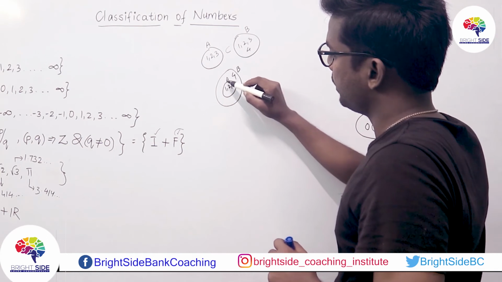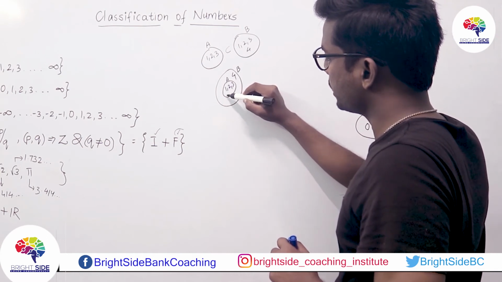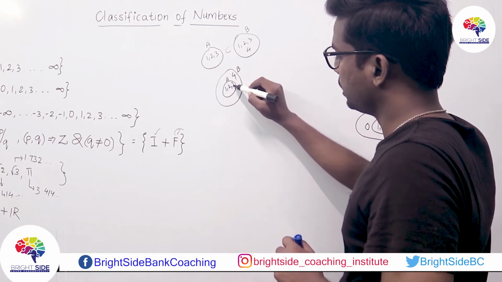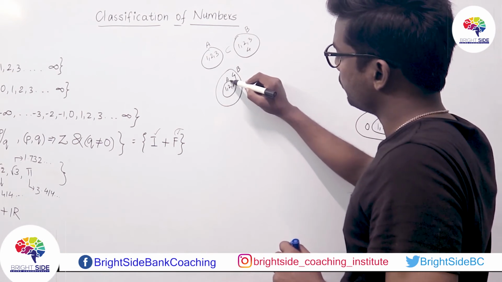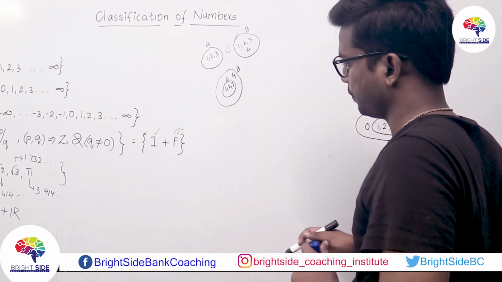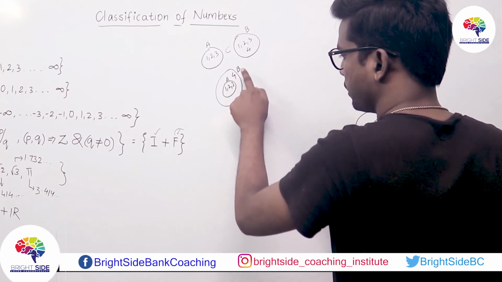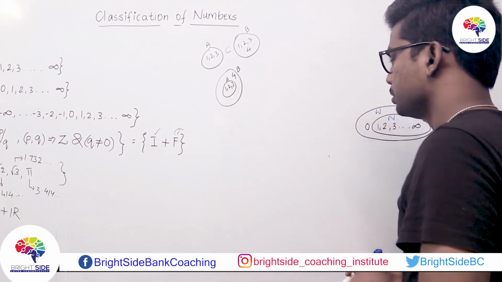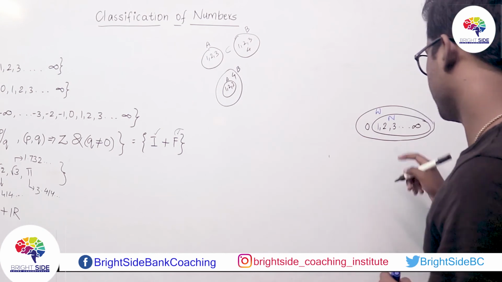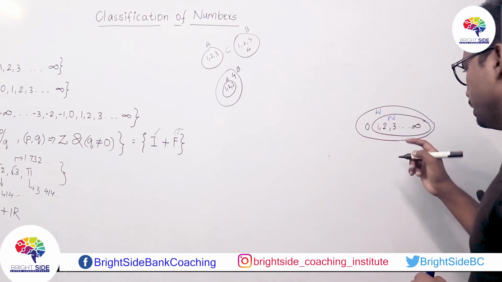So the elements which are in A and B will be written in here, and 4 will be written outside A because 4 is not available for A and is available for B. So this is the representation. Likewise, we are representing here.